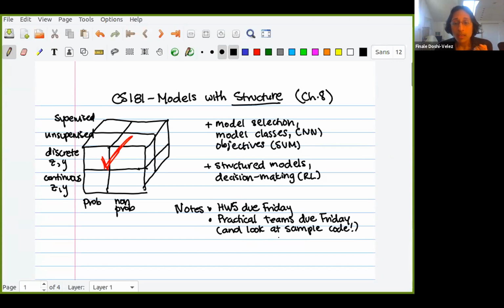And also, we highly encourage you to at least take a look at the sample code that comes with the practical and just see if you can load the data, right? This is a very small thing, and most of the practical should be very straightforward. You can do the basic part of the practical using it, because you're allowed to use any libraries you want. You can use sklearn to do various things.